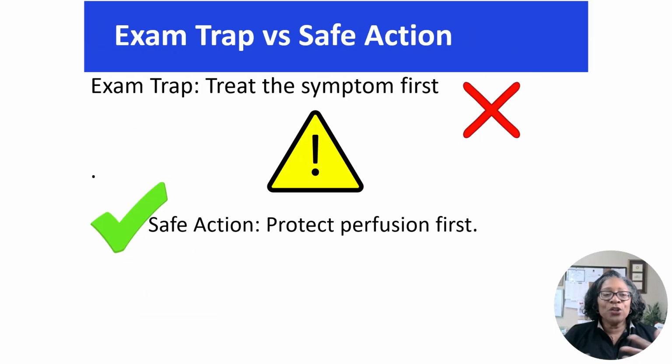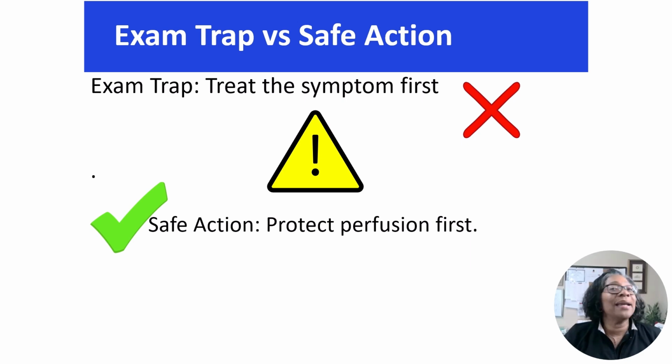When you're looking at patients, you want to think pain, pain, pain. But treating pain before evaluating perfusion is a problem. You want to protect perfusion. I know this is kind of off topic, but students want to try to teach a patient in pain.